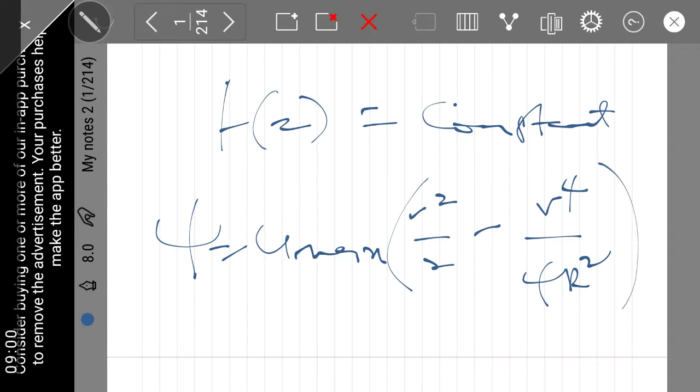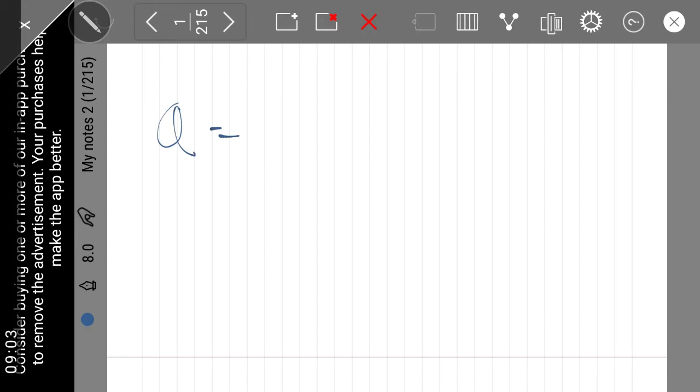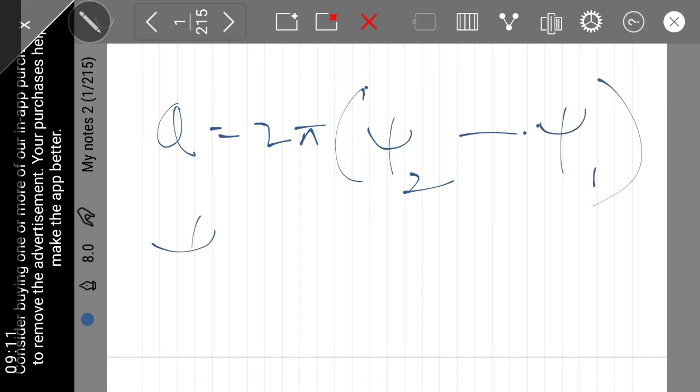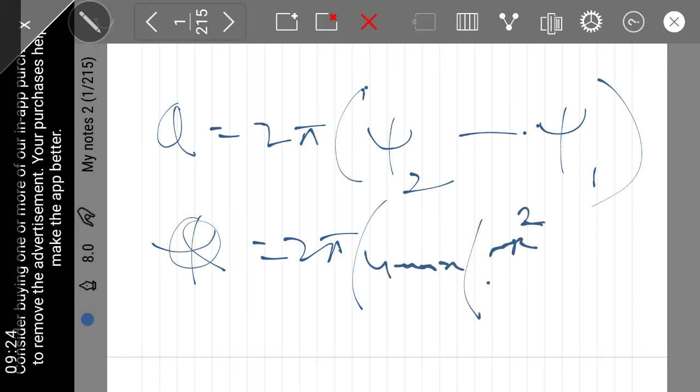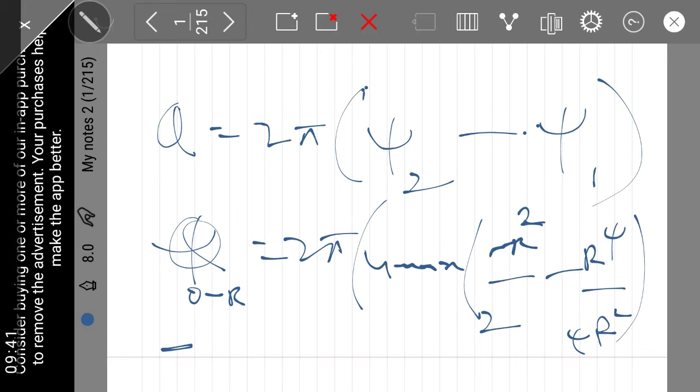So now we go to find the Q. Q is equal to 2 pi times psi 2 minus psi 1, which turns out to be Q equal to 2 pi times Umax times r squared over 2 minus r to the power of 4 over 4 R squared, minus the value at 0, because we are taking Q from 0 to R. Put 0 inside the psi equation, you have everything equals 0.